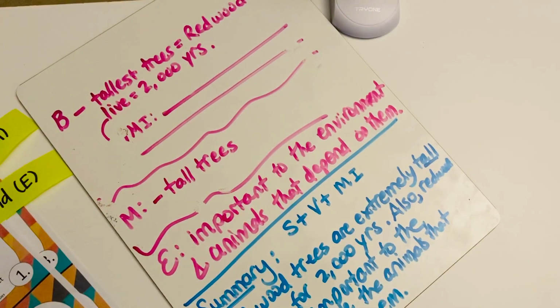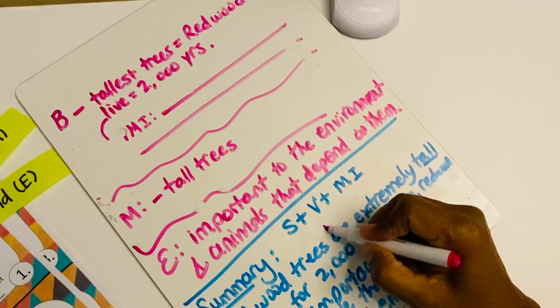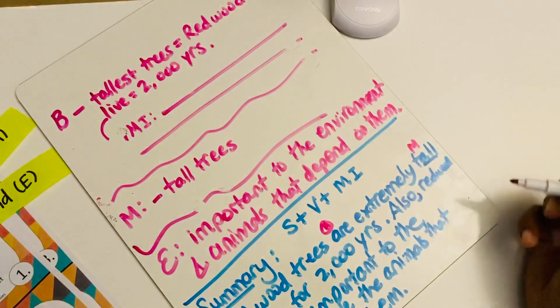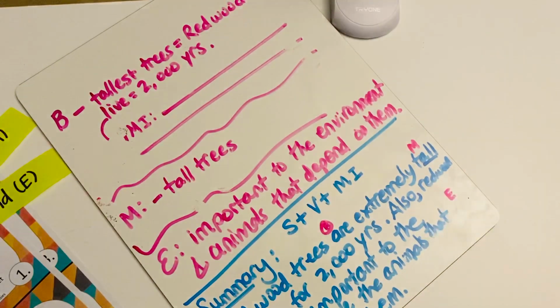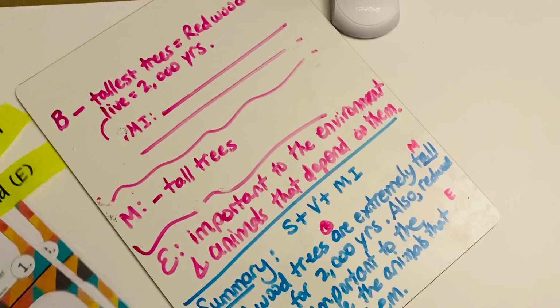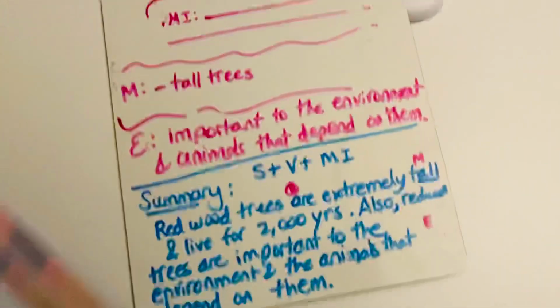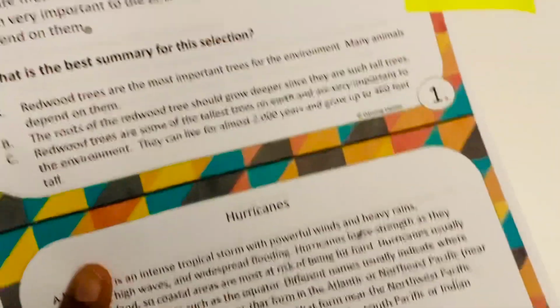Okay, so do I have the main idea from the beginning, middle, and end? Here's the beginning. Here's the middle also. It's about being tall. And here's the end. Okay, so my final step is to read it out loud.